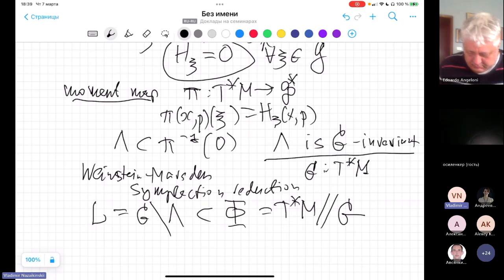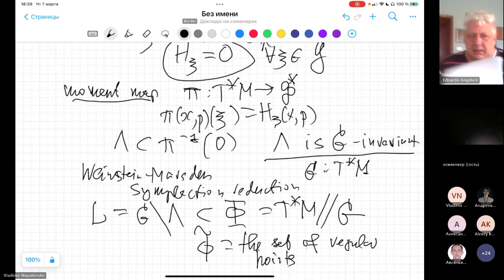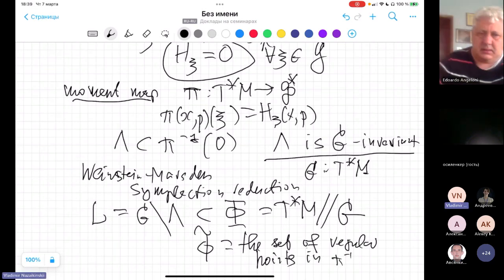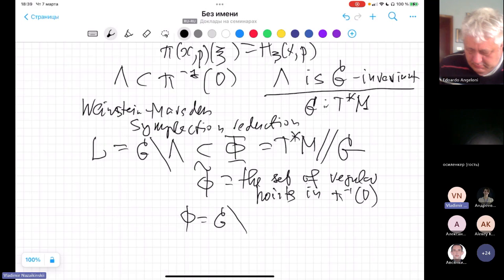I recall the symplectic reduction is obtained as follows. We take the set of regular points in pi minus 1 of 0, and then pi is just phi tilde, the space of orbits.